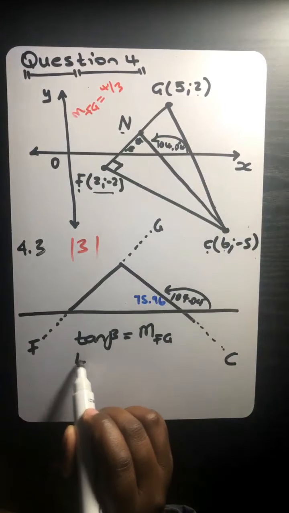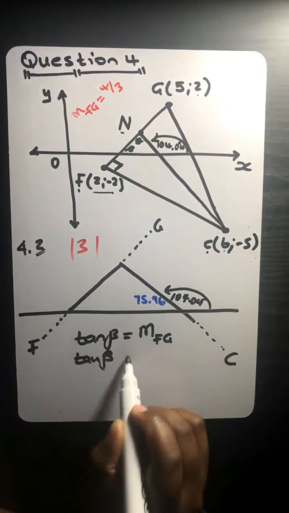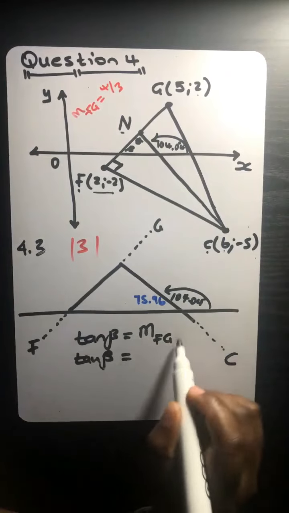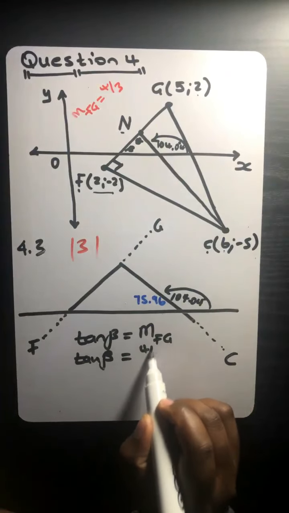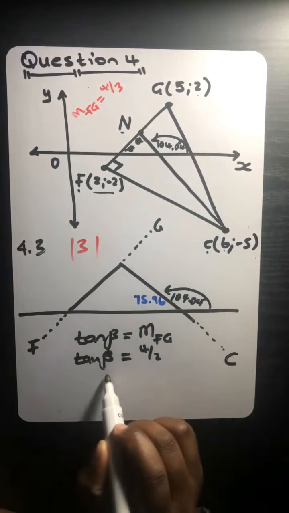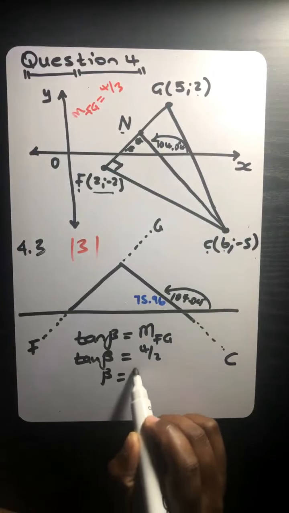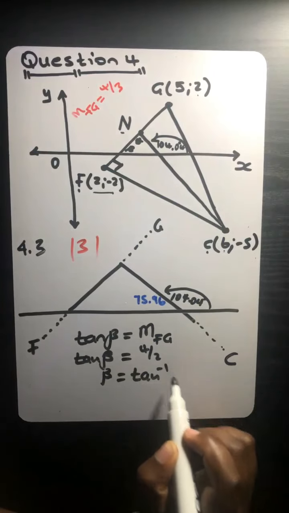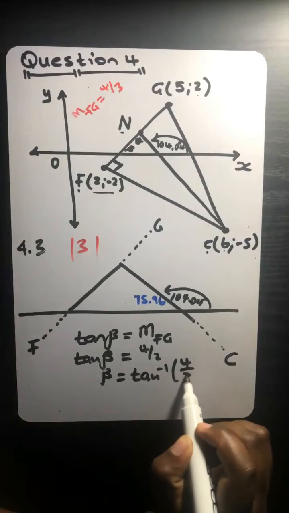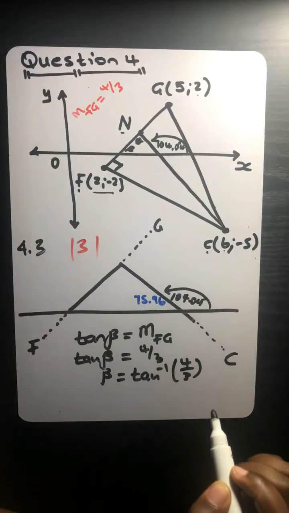We know very well that the gradient of FG is 4/3.